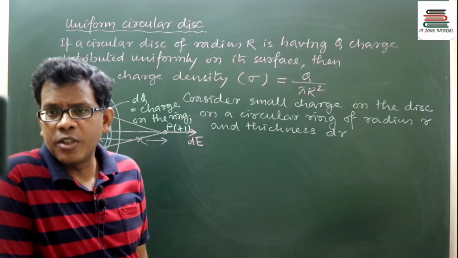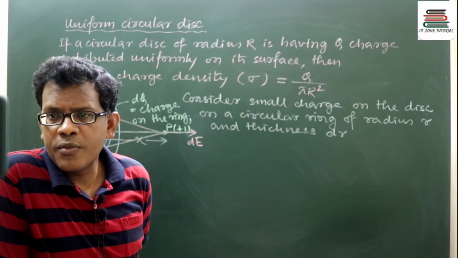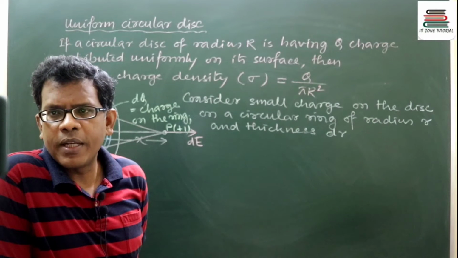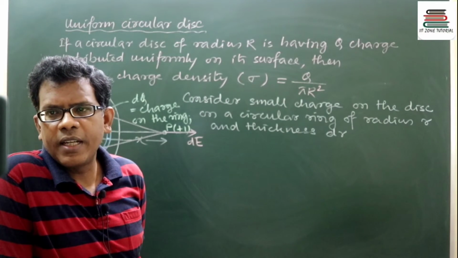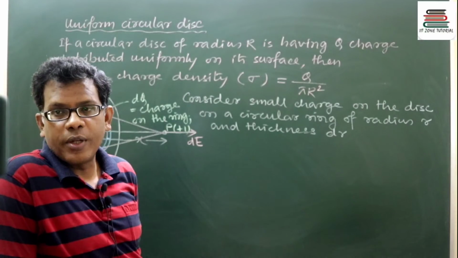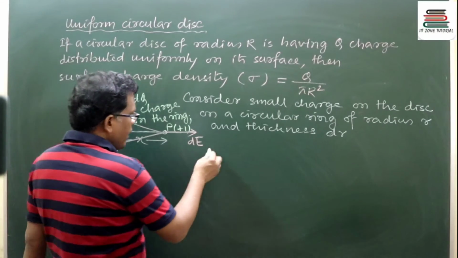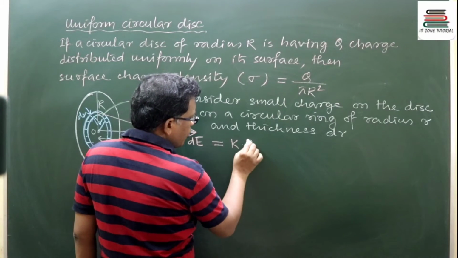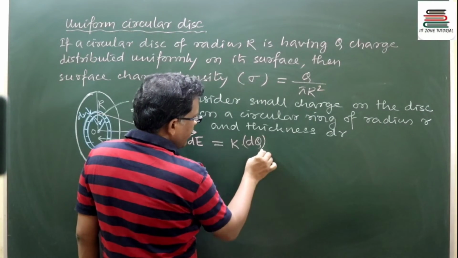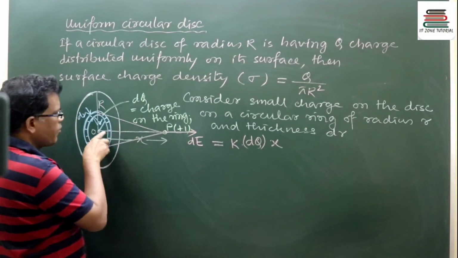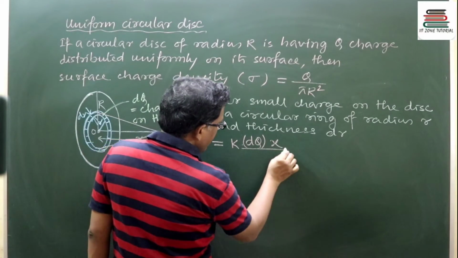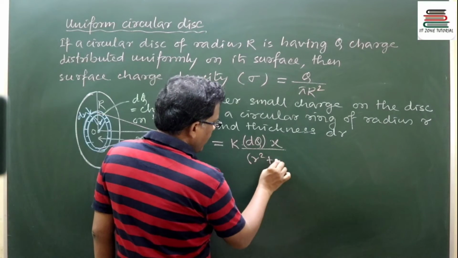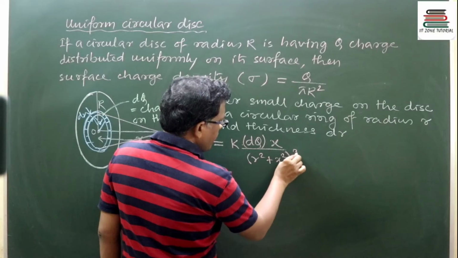Once we know the charge on the ring, the electric field expression becomes kqx divided by r square plus x square to the power 3 by 2. So here the value of dE will be k into dq, the charge of the ring, into the distance of that point from center, divided by small r square plus x square to the power 3 by 2.